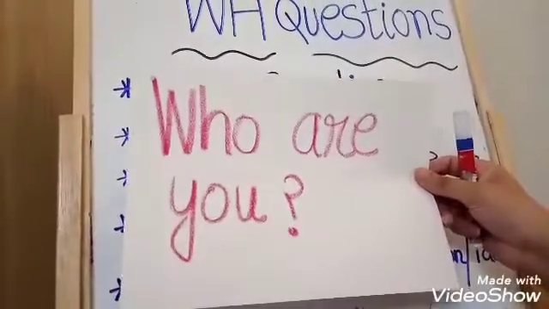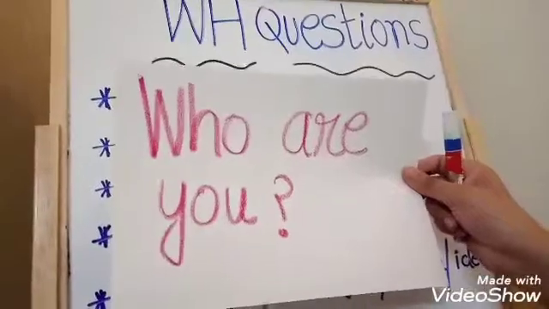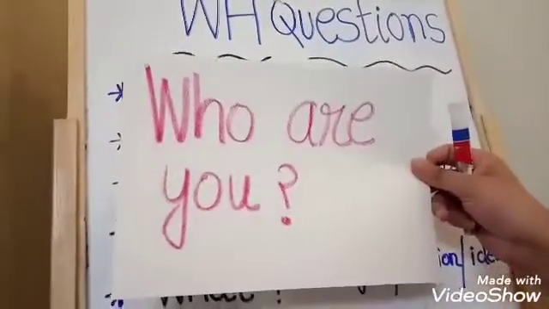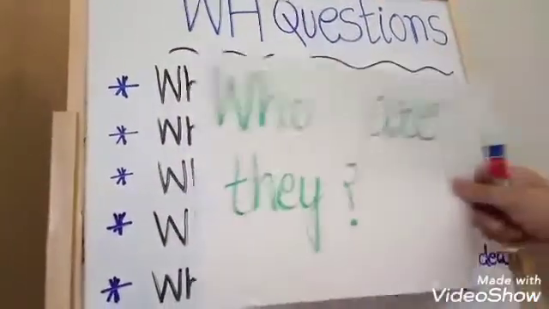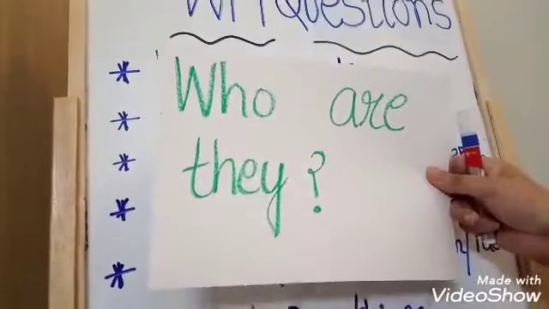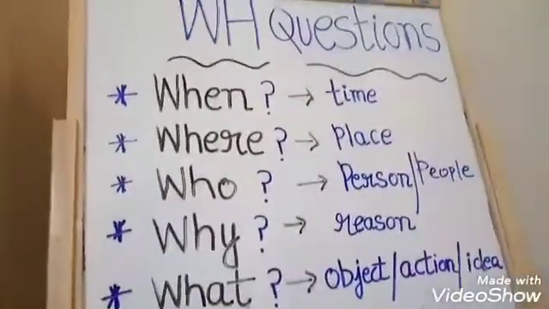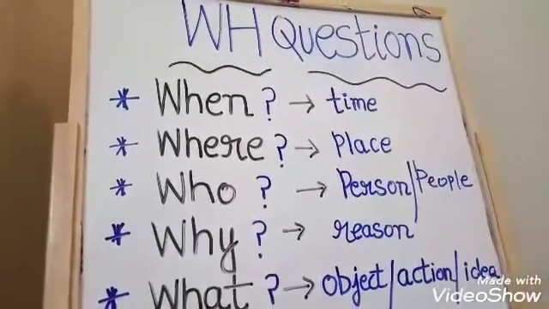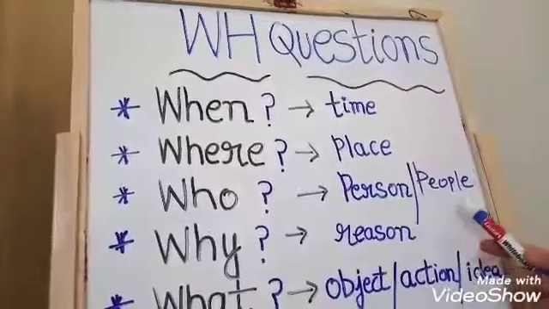You may say your name or any other information that you think is suitable for this question. You may also ask, like, who are they? Or who are these people? Alright? So, who is always used to know about any person or people.